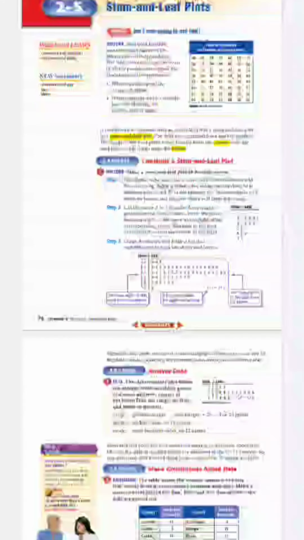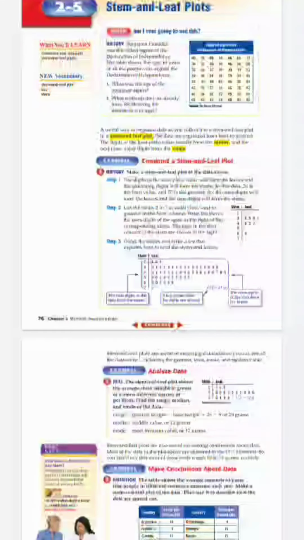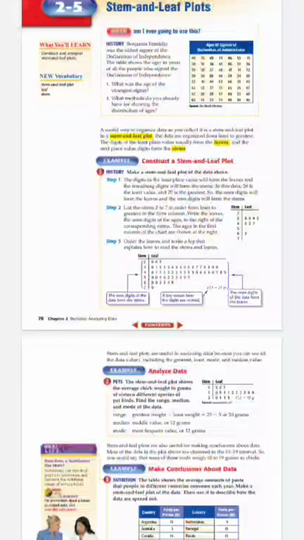The data in the first column of the table are shown at the right. Step 3. Order the leaves and write a key that explains how to read the stem and leaf plot.